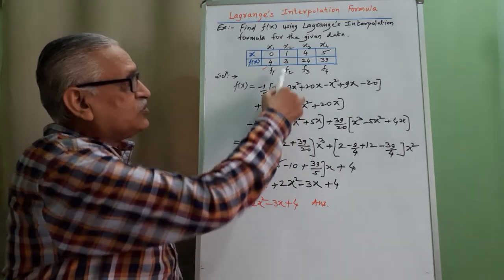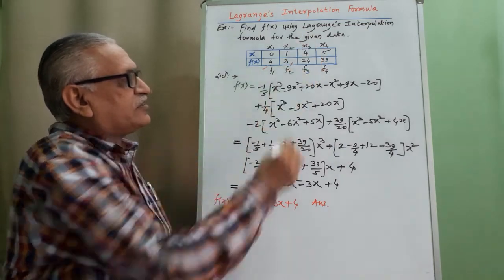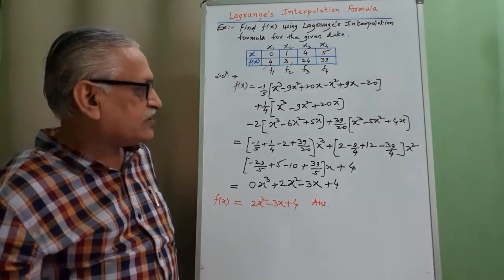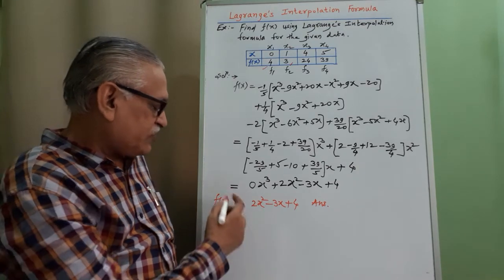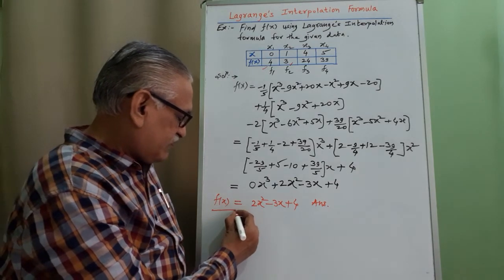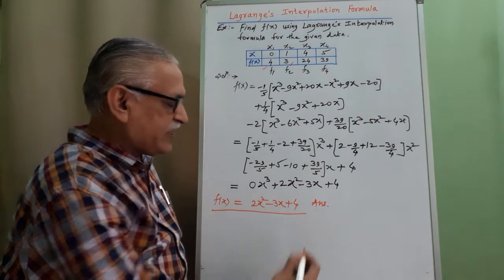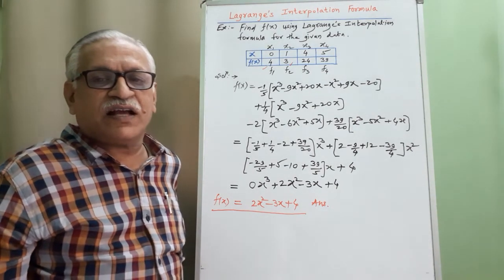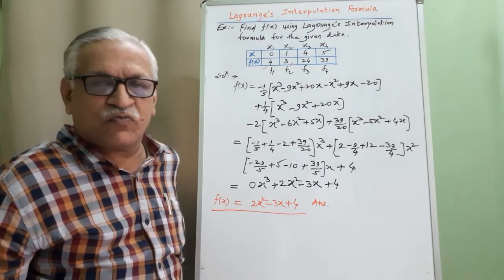Minus 1 plus 4, we get the second point as 3. Like this we can cross check it. Means whatever the function we are getting is the correct one obtained by Lagrange's interpolation formula.